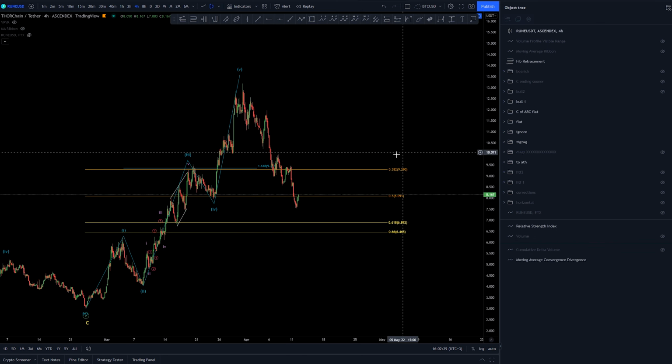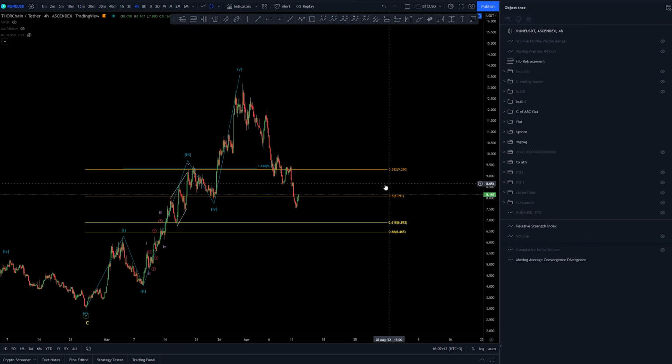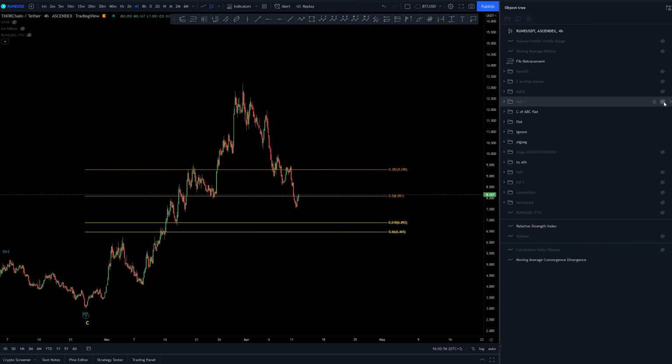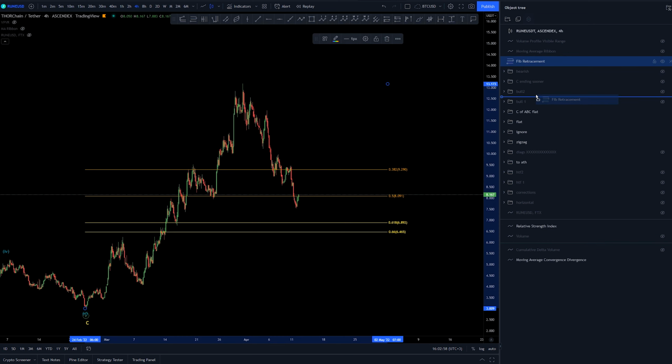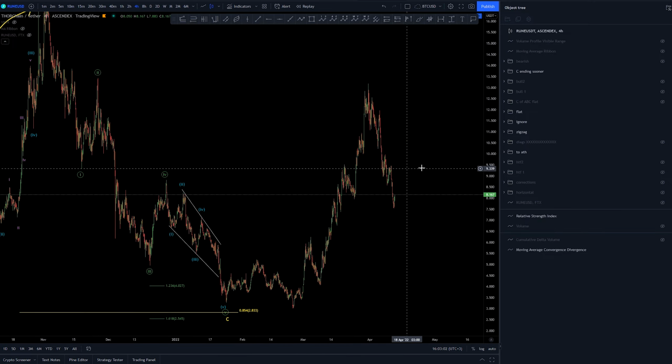It doesn't need to be a full bull run on itself. It just needs to be a somewhat good looking chart, I guess, and not just dumping all the time. So those were the two bullish scenarios, and let's check out some bearish ones.